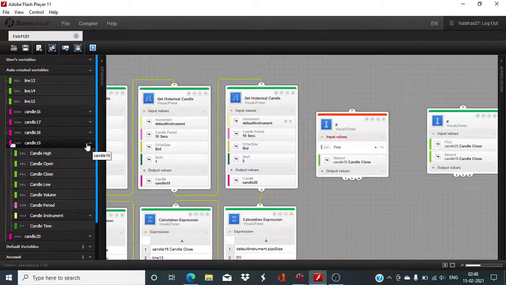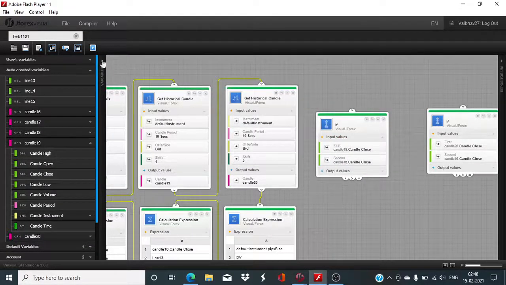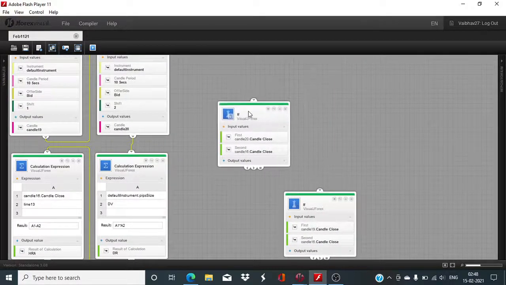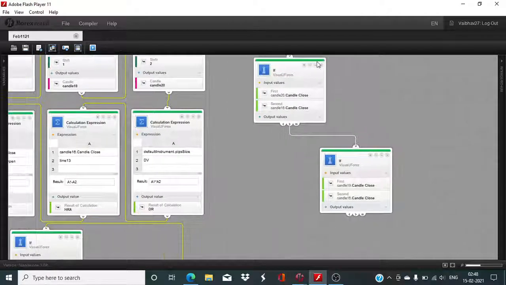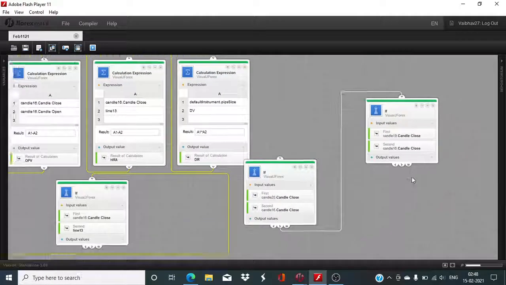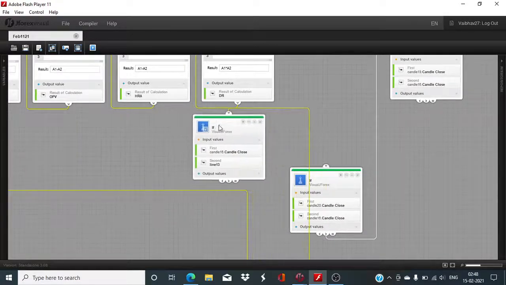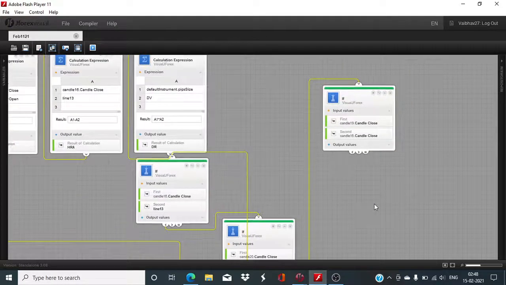And candle 19 needs to close below it. This first input greater than second input. First input less than second input.